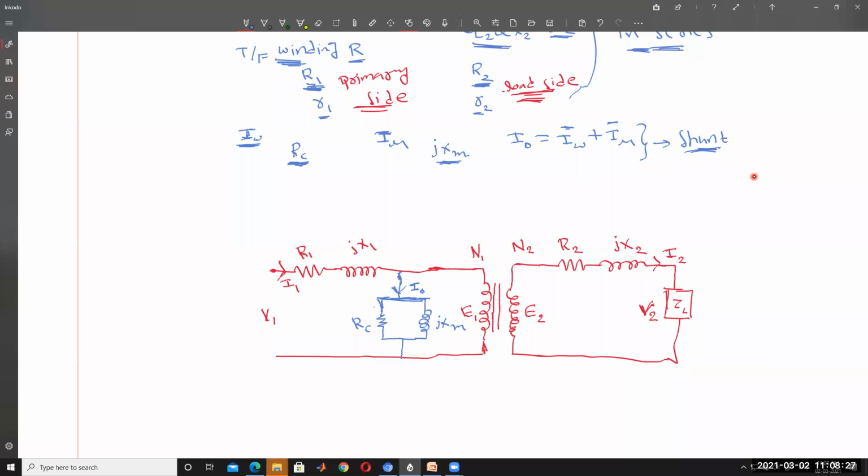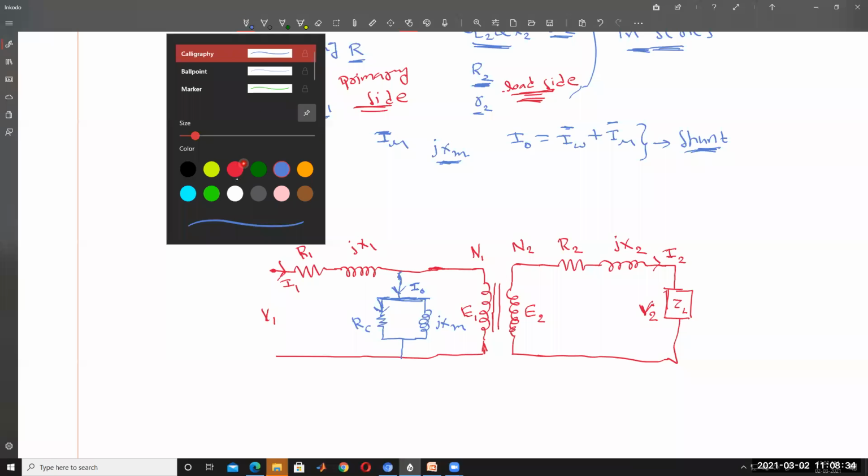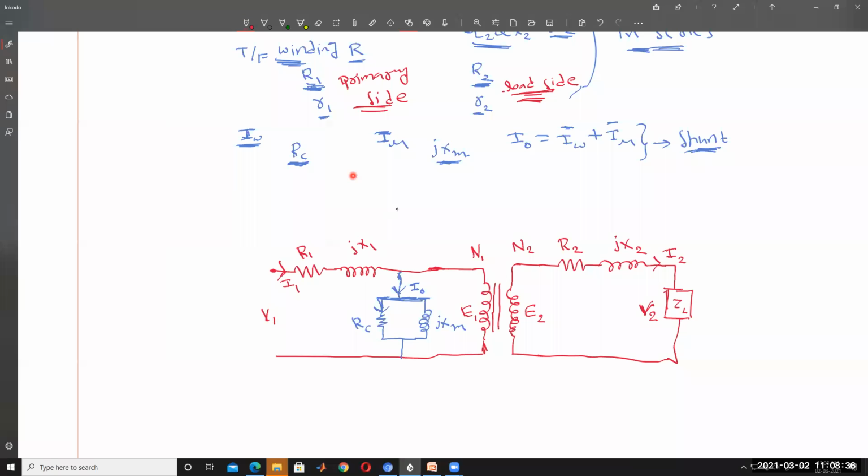So what is this current? Iw, the current flowing through the transformer core. This is called the core loss component, the wattful component. This current is called Iw, and this current is called I mu, the magnetizing current.